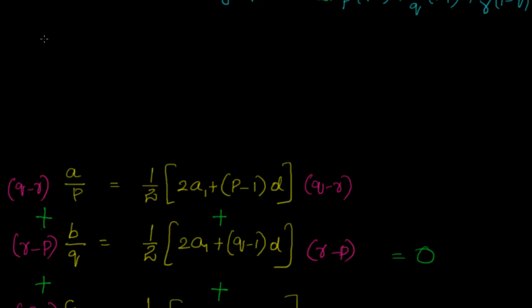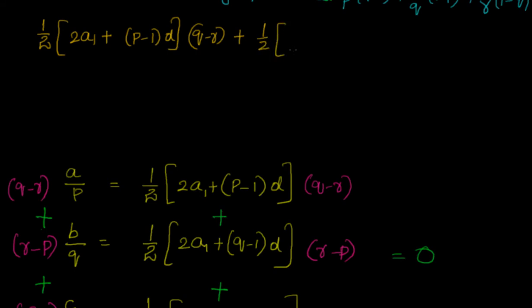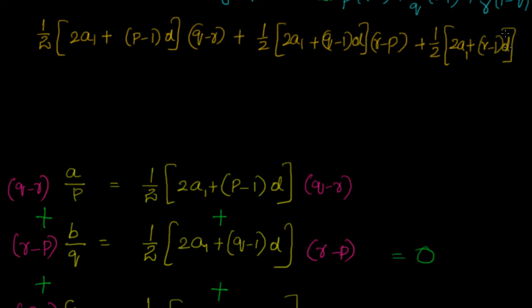I will write half of 2a1 plus p minus 1 into d into q minus r, plus half of 2a1 plus q minus 1 into d into r minus p, plus half of 2a1 plus r minus 1 into d that I have to multiply with p minus q. This I have to prove equal to 0.